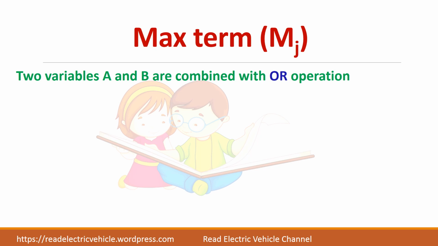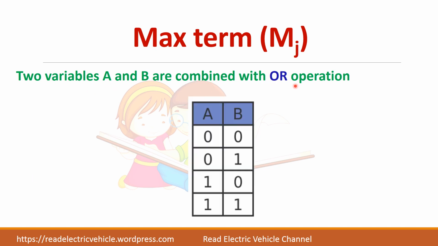Next we will see the max term. So when the two variables are combined with the OR operator, we call it a max term. So here my OR term means plus symbol will be used. So here A plus B. See here A and B, both the values are 0. When it is 0, normally in minterm we take it as A dash B dash. But in max term we should take it as A B. Only for 1 we take the dash.